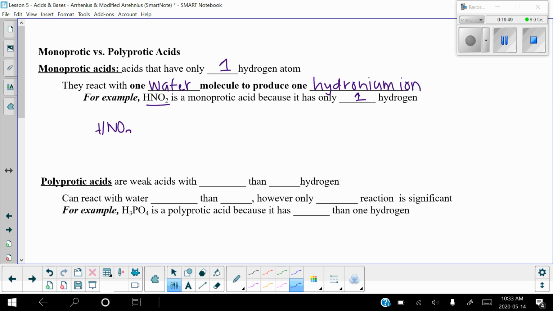HNO2 aqueous would react with H2O to produce hydronium. Okay, because it's an acid, it's going to be donating its hydrogen. Hydronium is an aqueous substance plus NO2 minus.